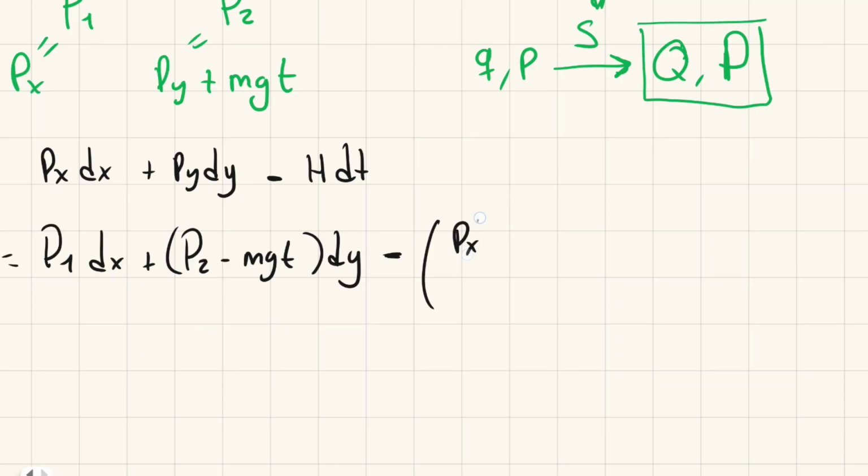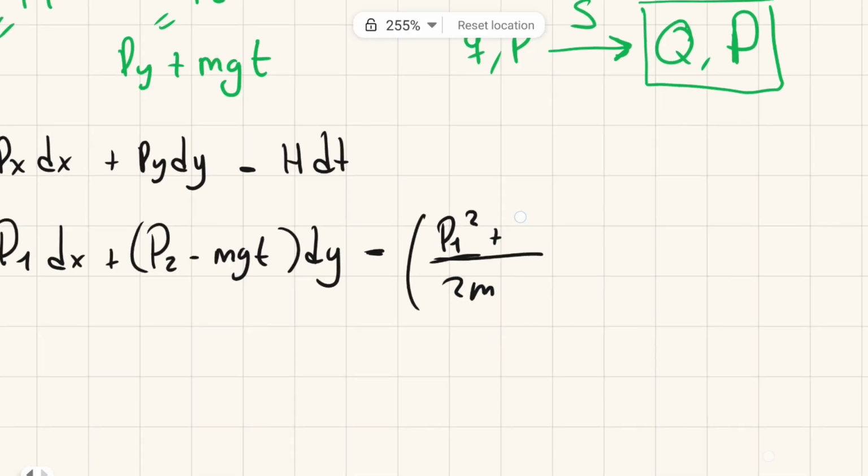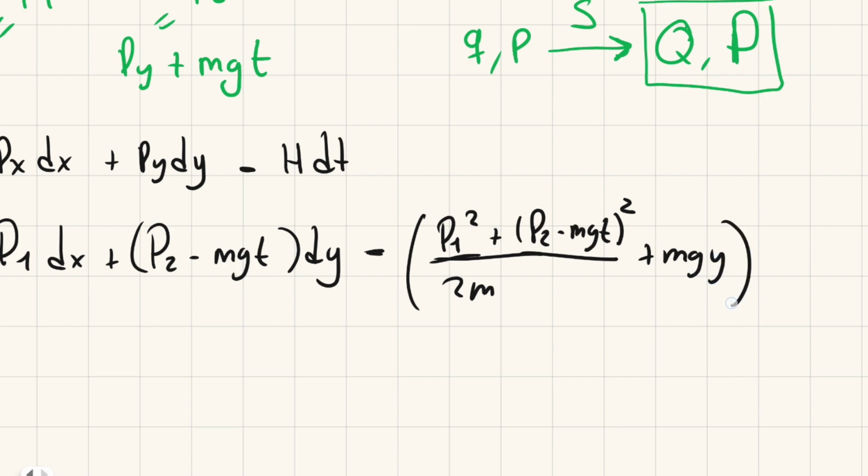But that is px squared, which is p1 divided by 2m, and then plus py squared, but that is p2 minus mgt squared, and then plus mgy dt.